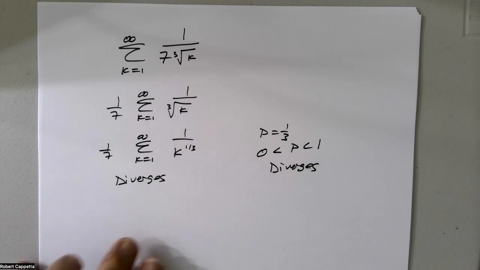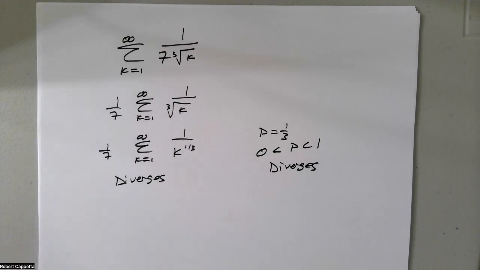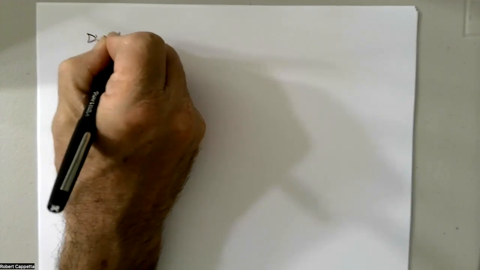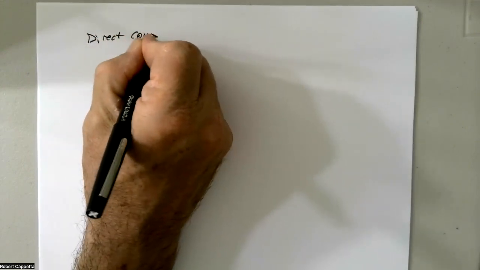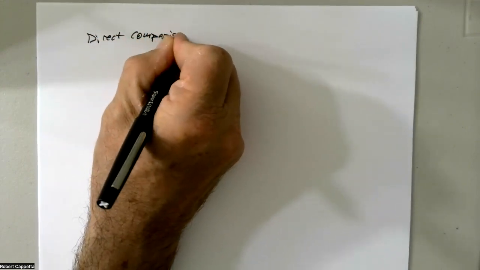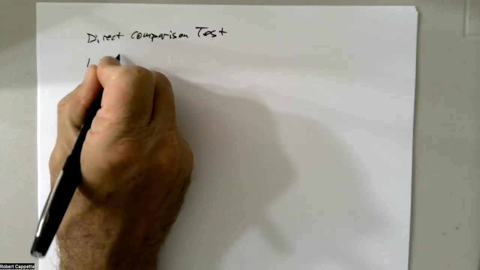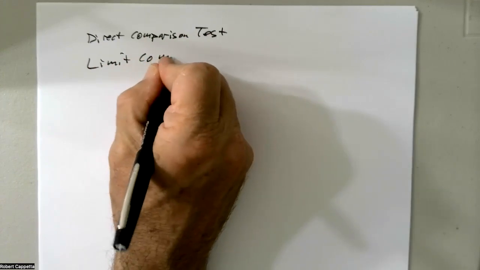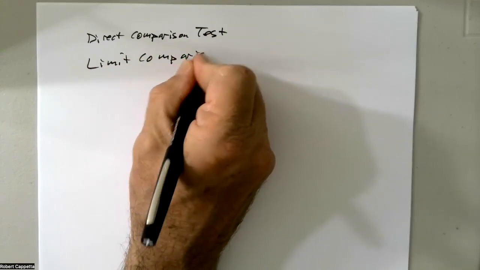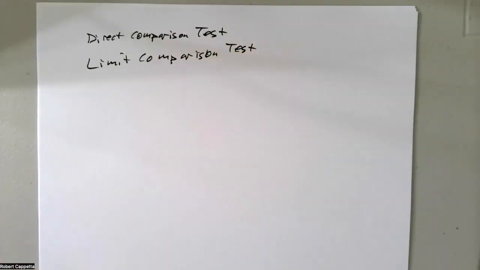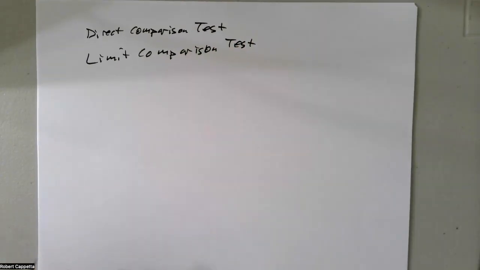So when we're using all of our comparison tests, so if we use the direct comparison test, or we use the limit comparison test, when possible, we want to compare things to p-series, because that's going to be relatively easy.